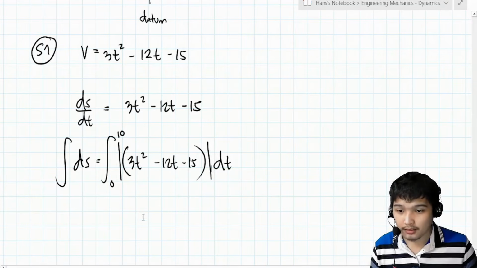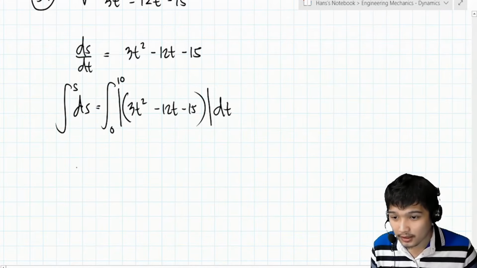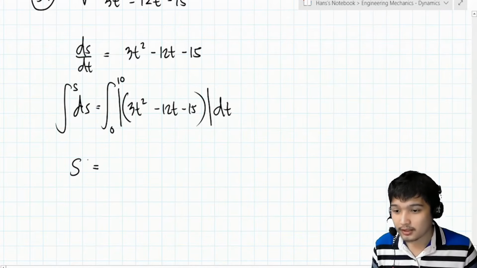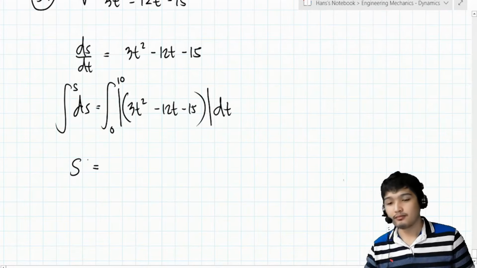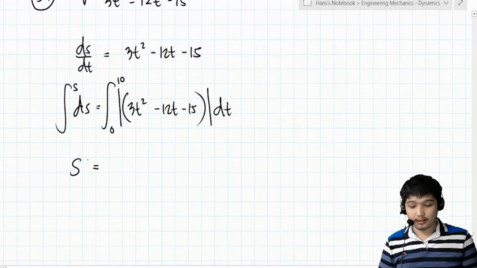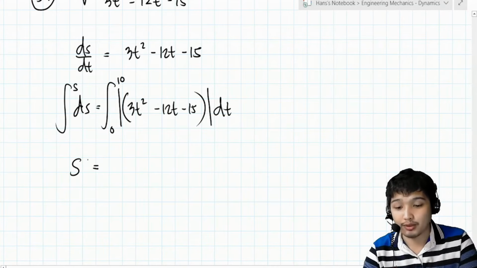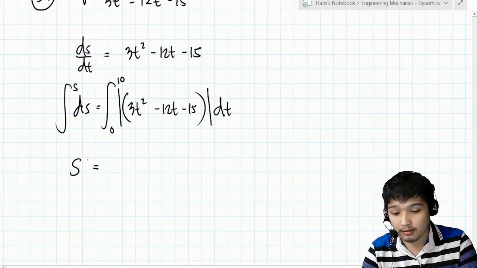So sige guys, pag ganyan, pwede naman na si calculator 'yan. So ilan yung distance? So ang problema lang diyan guys, there are certain cases na matagal i-integrate ni calculator pag may absolute value. Let's try sa calculator natin. Yung equation ba na yan is kaya niyang ma-solve na mabilis?